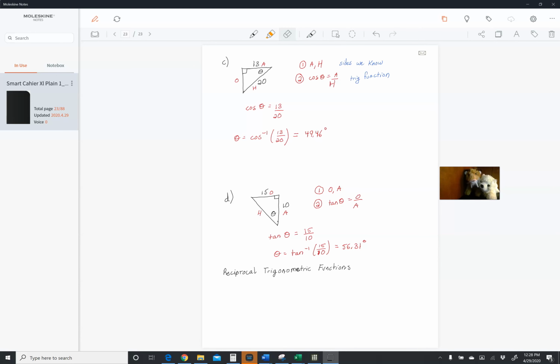So the reciprocal of sine is called cosecant. And we're talking about reciprocal, so if you're doing the reciprocal of sine, sine is O over H, so this is H over O. And the abbreviation for cosecant is CSC.